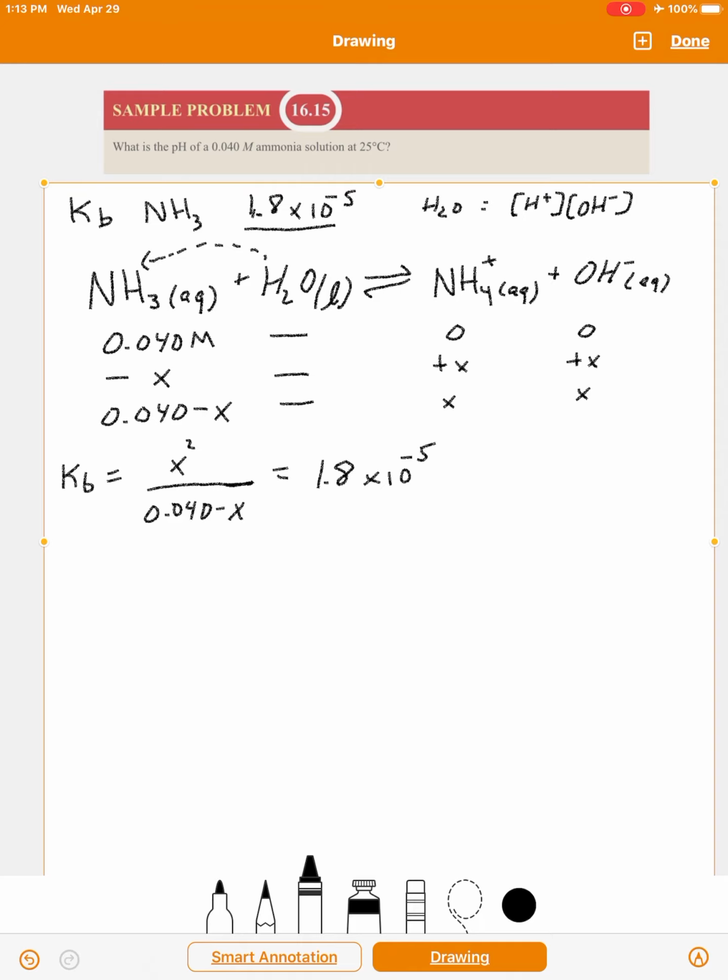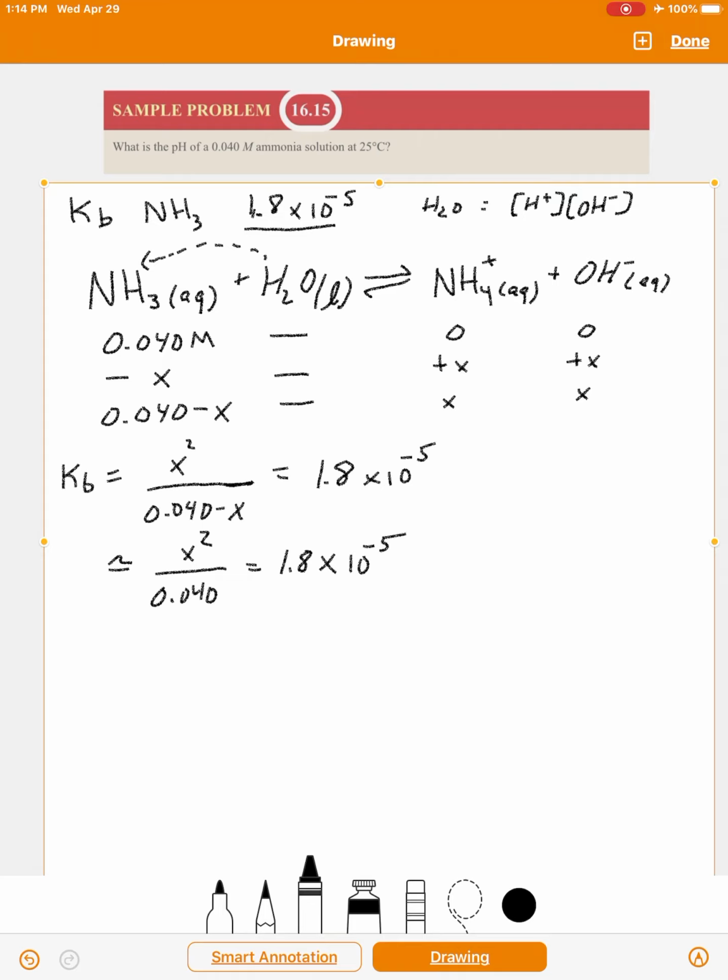But we use a value of Kb for the base, and we use our initial concentrations and the changes. Just like weak acid problems, this X is going to be pretty small. So we're going to make the assumption that it's approximately equal to X squared over 0.040. And that would be equal to 1.8 times 10 to the minus 5.